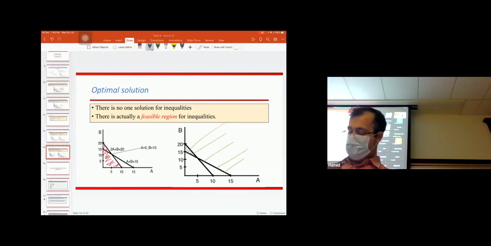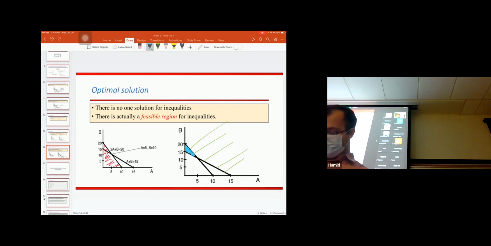And if you overlap them together, this blue part would be the common part. We call it the feasible region. It just means there is a region or area that works in all of the inequalities.